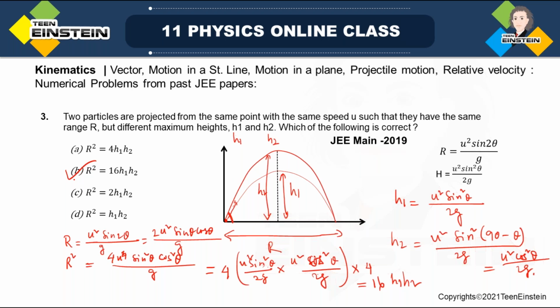So here the only clue was that both are not projected at the same angle. If one has been projected at theta, the other one is projected at 90 minus theta angle. So by that we are able to solve this problem. Okay, so the answer is this one, option B.